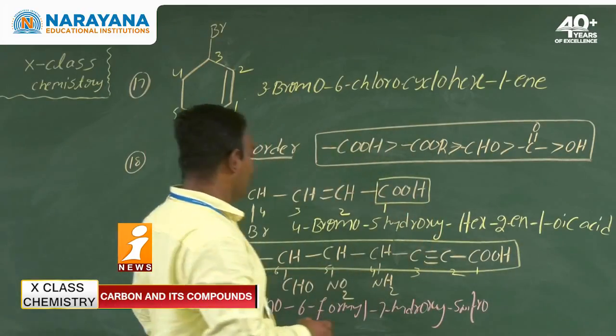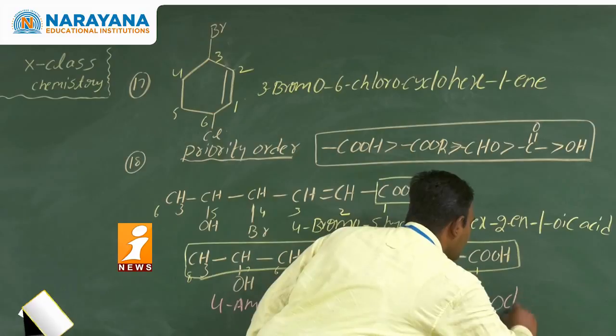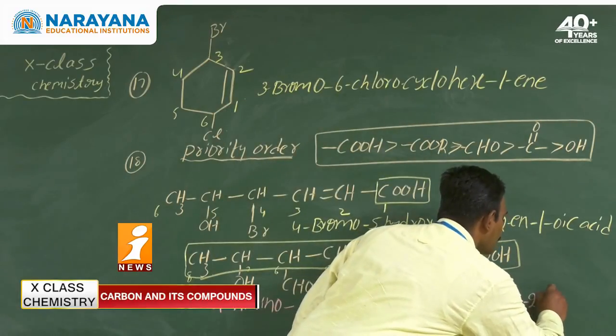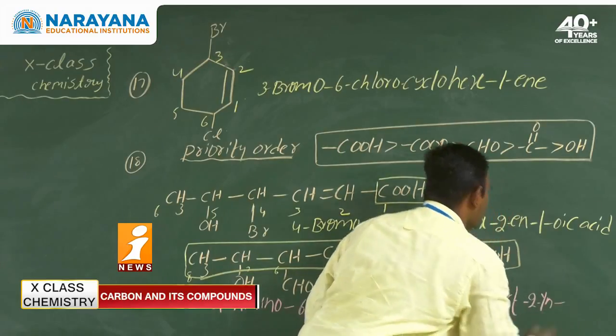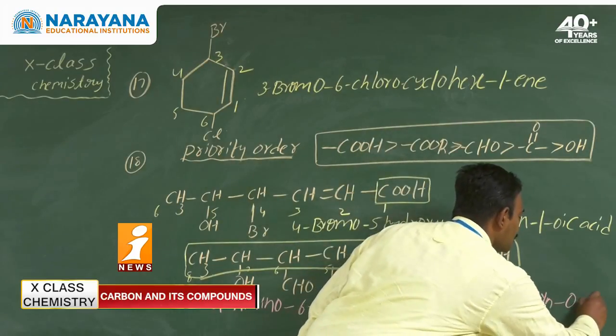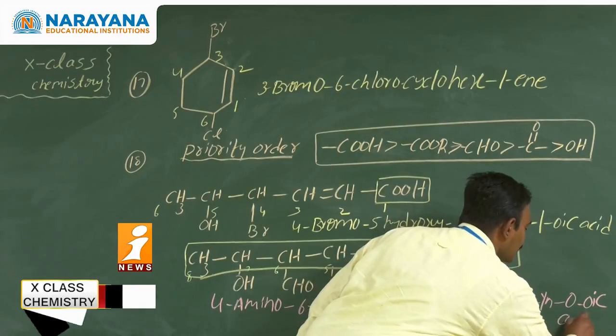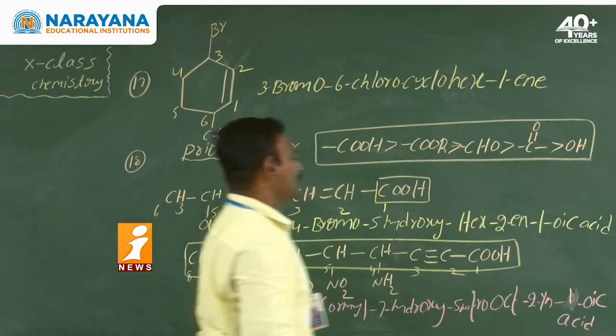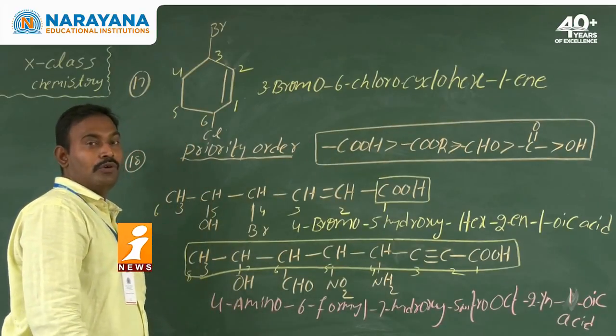Total how many carbons are there? 8 carbons. So what is the root word? Oct. Position of triple bond is 2. Oct-2-yn-1-oic acid. So almost all the models we covered.